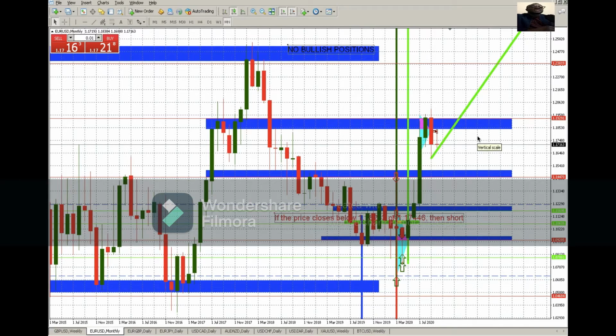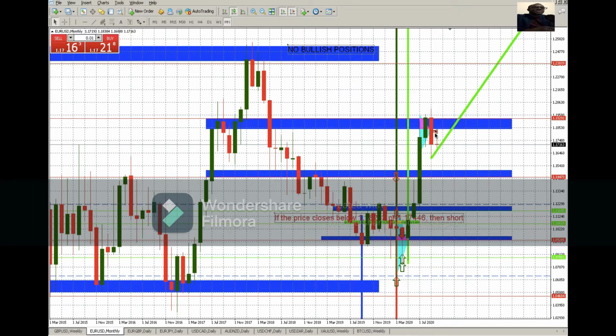In this area, they formed this bearish engulfing, and as we know, a bearish engulfing is one of the most powerful reversal candlestick patterns. A combination of that with the resistance structure has a better probability.